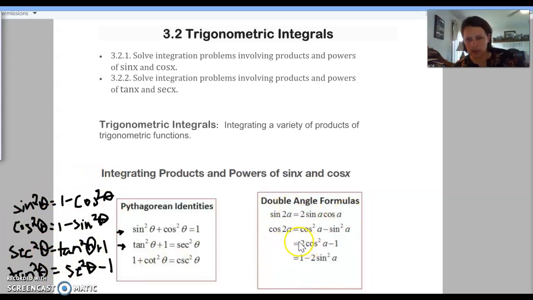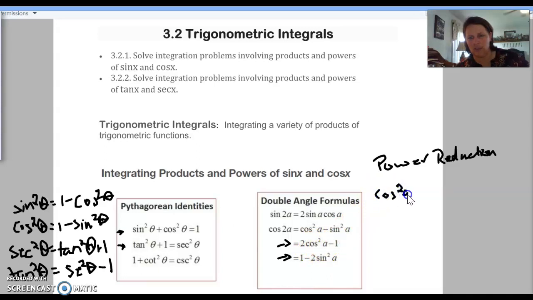Then also we're going to use some of these double angle formulas. The main way that we're going to use them is as power reduction formulas, and we talked a little bit about this last year. You can use these equations, mostly this one and this one. So we can solve for cosine squared of A by adding 1 to this side and then dividing by 2.